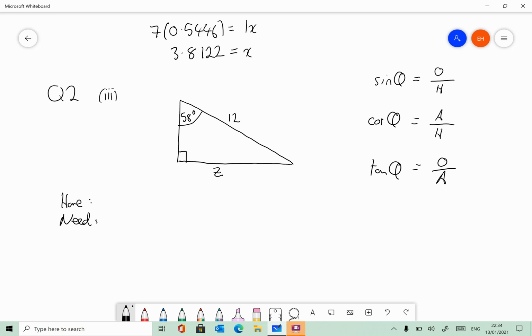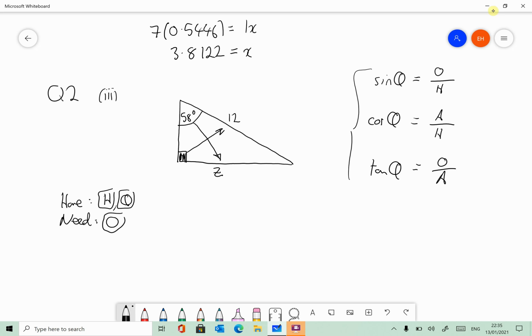So we have, well, if that's the right angle down here, 12 must be the hypotenuse, and 58 is obviously the size of the angle, so that's the symbol for angle, which is theta, and we need the opposite because we're talking about this angle 58 degrees, so we go through the triangle to get to Z, so he must be opposite. So we're looking for one of these guys over here that deals with H, theta, and O.